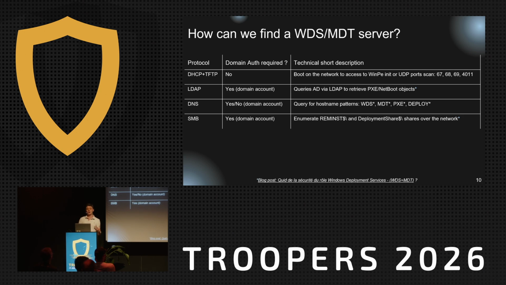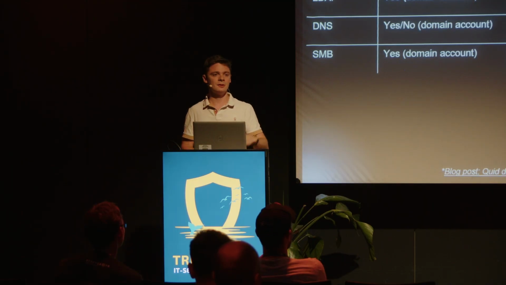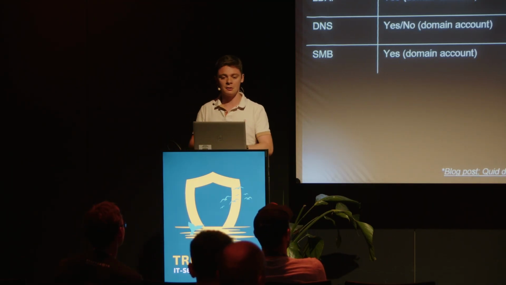Now, how can we find a WDS or MDT server on the network? You can use the following things. First, HTTP, but honestly, if you have a network with a little bit of network segmentation, it will not work. You can use LDAP to query the Active Directory to retrieve the PXE netbootSCP objects. Also, you can use DNS, but it's not the solution that I will develop in this presentation, and it's very basic.